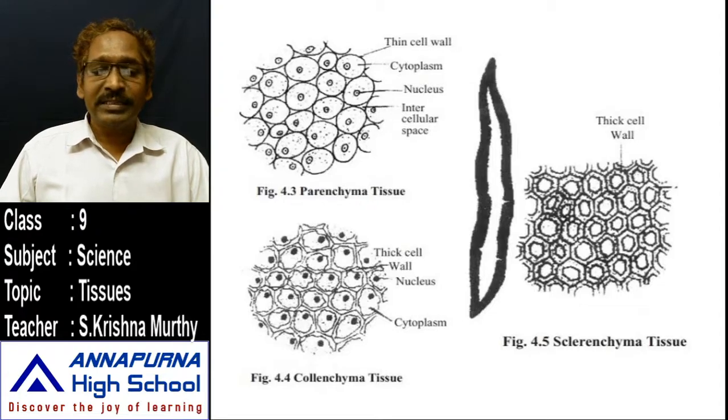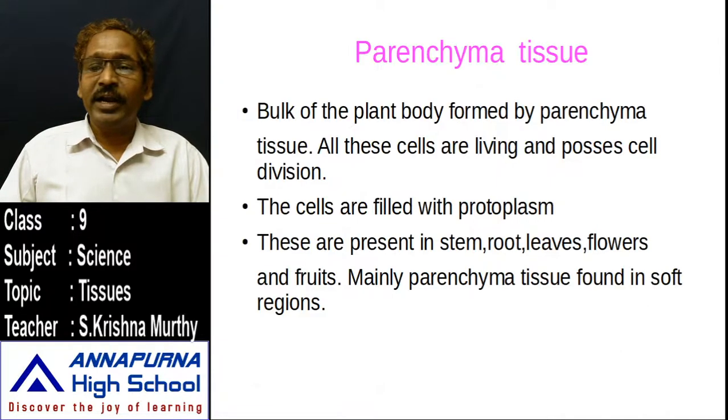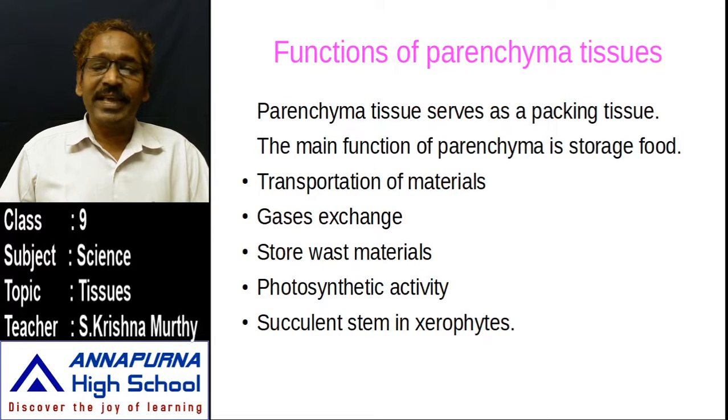These cells are found, as I already told you, in different areas of the plant body. Mainly they help in the exchange of gases. What is meant by exchange of the gases? We know very well. For photosynthetic activity, they need carbon dioxide, and after photosynthesis they release some amount of oxygen into the environment.